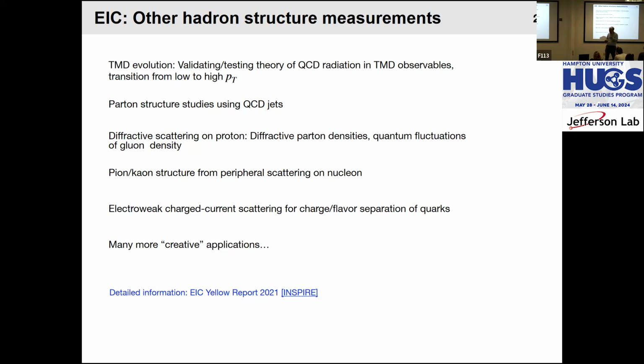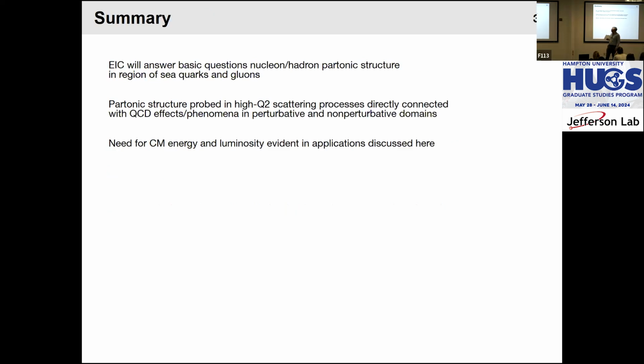And there are many more creative, in quotation marks, applications that people are pursuing. I will add a bibliography to these slides. I didn't get to that yet, but for now, the one reference I would recommend is the EIC yellow report, which is the most current authoritative statement of these projected measurements.